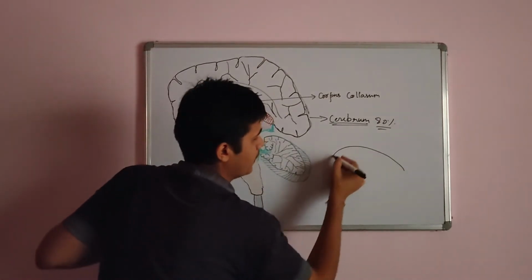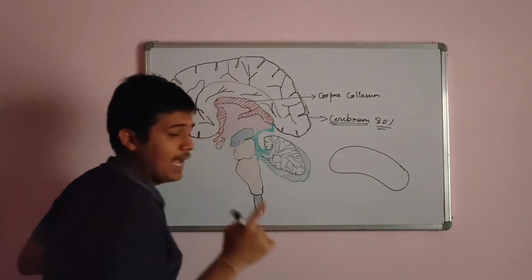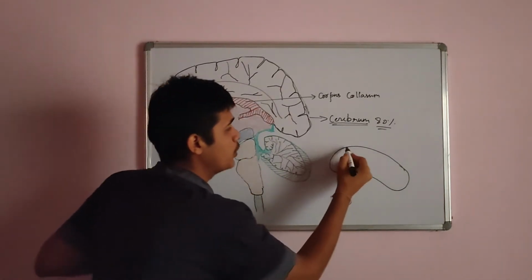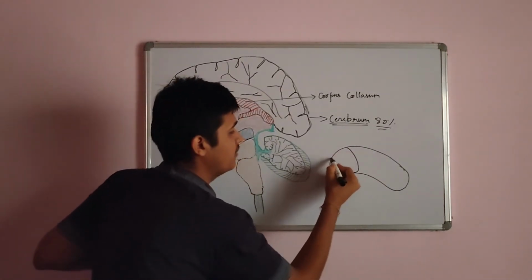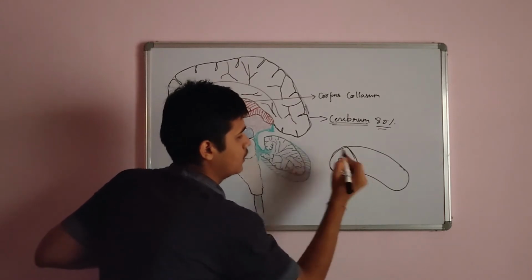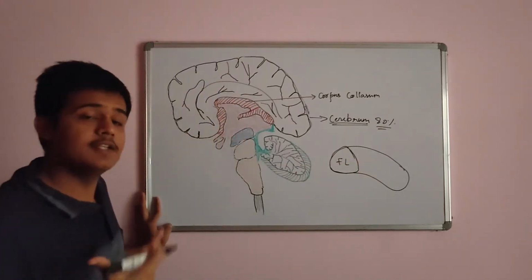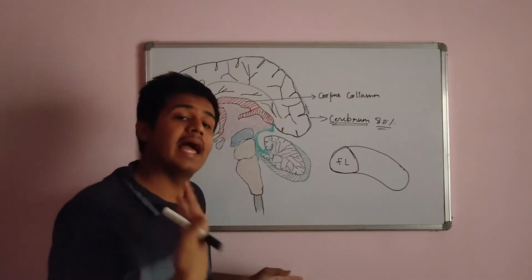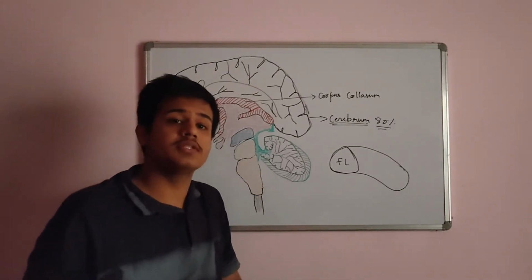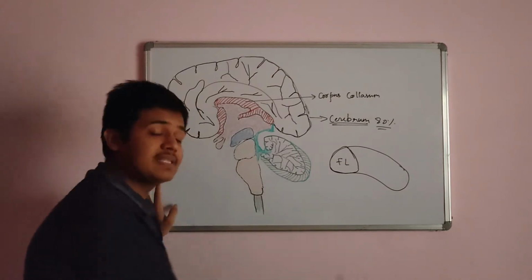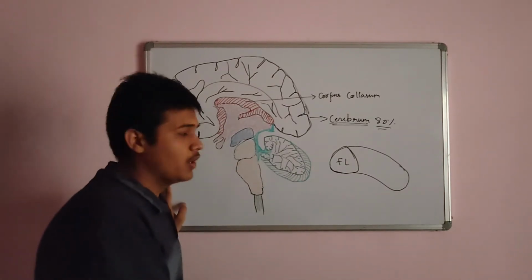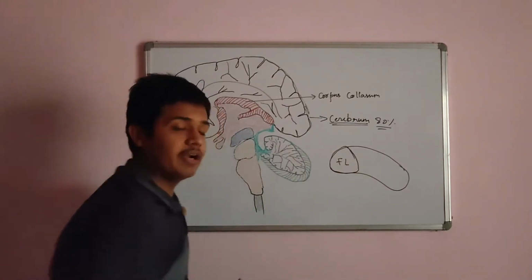Suppose this is the cerebrum. As the name suggests, the first lobe is at the front portion, the frontal lobe. This area of the brain is mainly responsible for the language that we speak, the emotions that we show, our personality and our movements. All this is controlled by the frontal lobe.